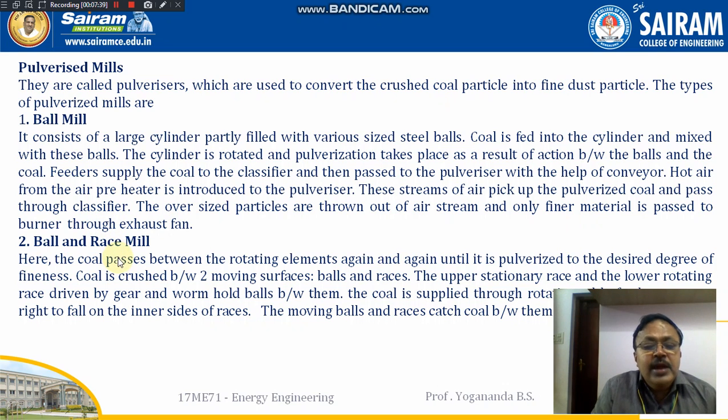Then we have the ball and race mill. Here the coal will pass between the rotating elements again and again until it becomes fine dust particles. The coal is crushed between two moving surfaces, which are called balls and races. That's why we have the name ball and race mill.